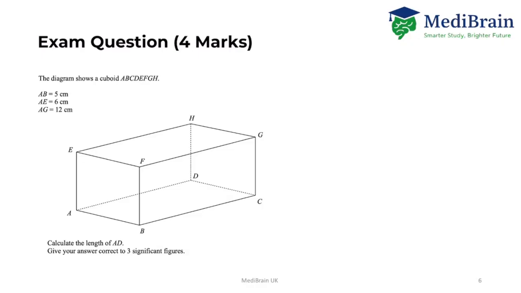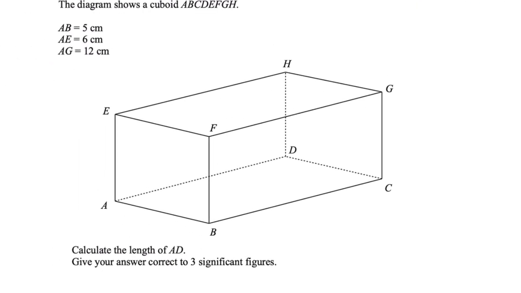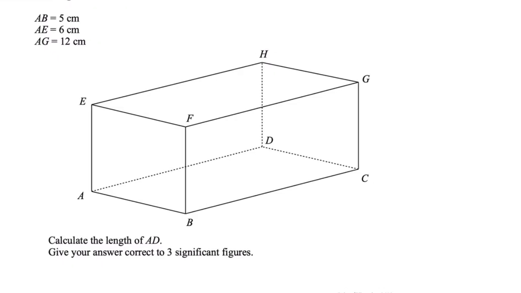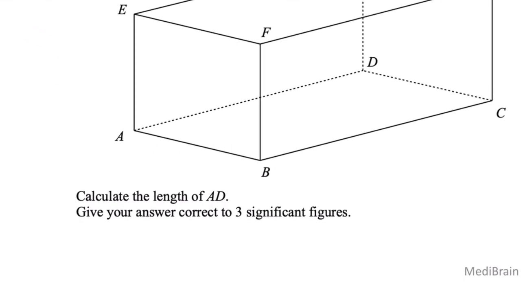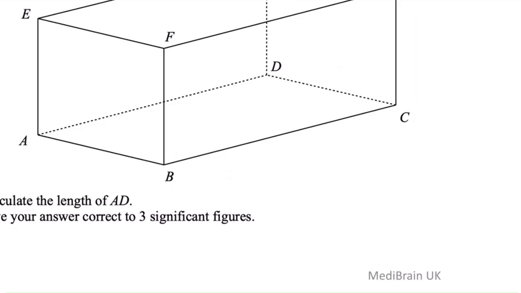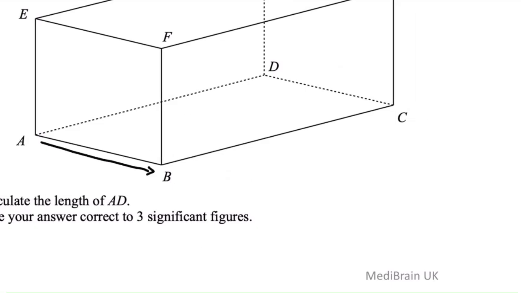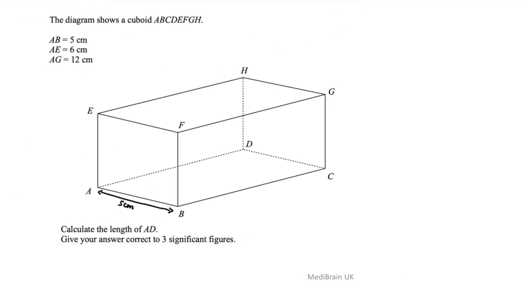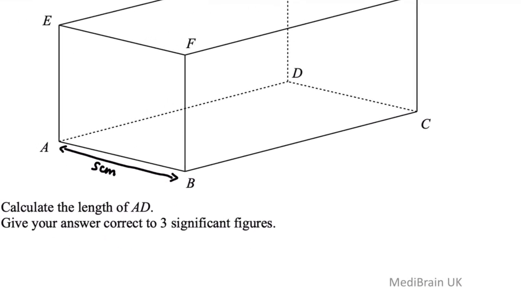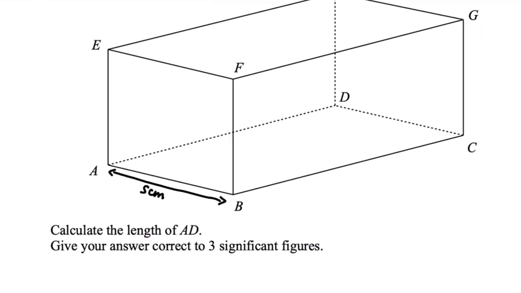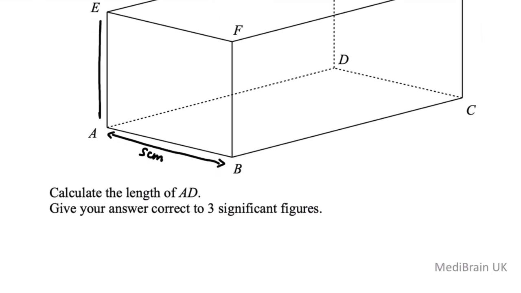We're given a cuboid. We know that AB is 5 centimeters, so this length from A to B is 5 centimeters. We know that AE is 6 centimeters, so this A to E is 6 centimeters.